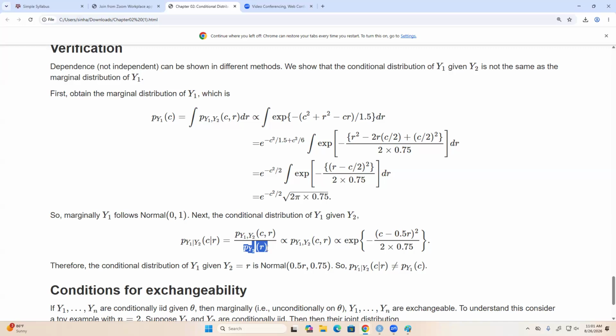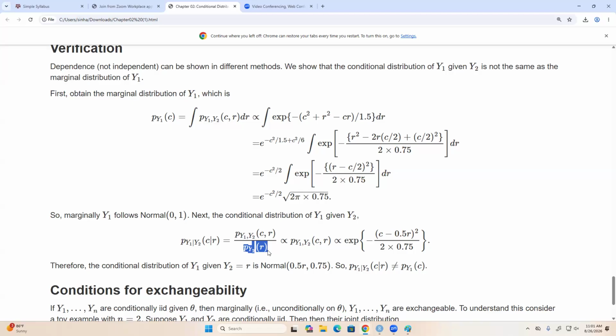But in order to figure out how the conditional distribution depends on c, I just need to look at the numerator, because the numerator only involves c, the argument for the first random variable. So I simply write it proportional to p(y1, y2).